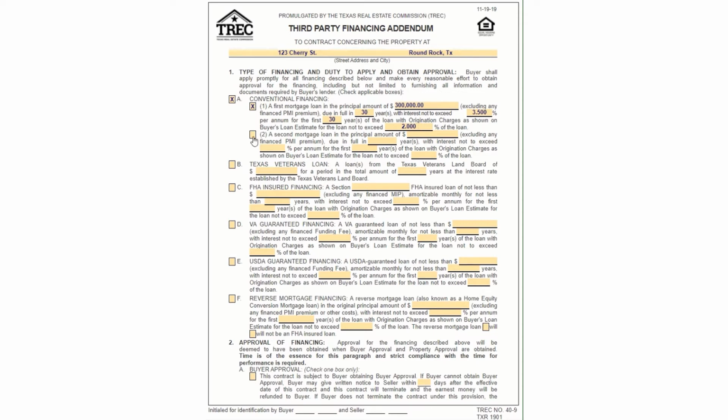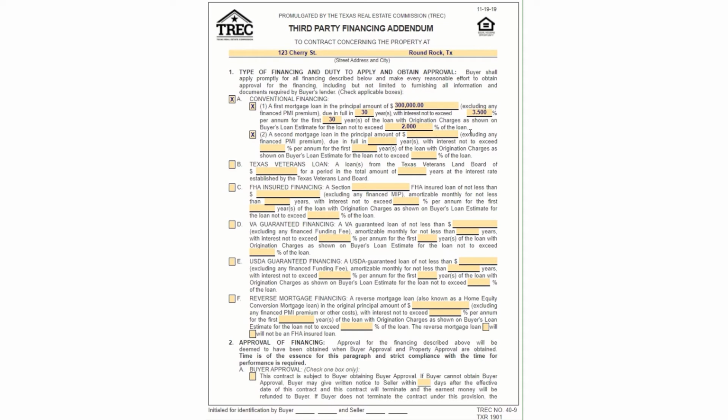And then number 2 box here is for a second mortgage loan. Why would you need a second mortgage loan? Well, a buyer that doesn't want to pay private mortgage insurance sometimes can take out a second loan. Usually it's a home equity loan, and it's at a little higher interest rate or has a variable interest rate, and then the lender will waive the PMI, the private mortgage insurance, and this will include having not two closings, but 2 closing costs for both of these loans.